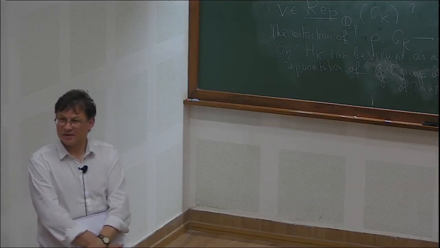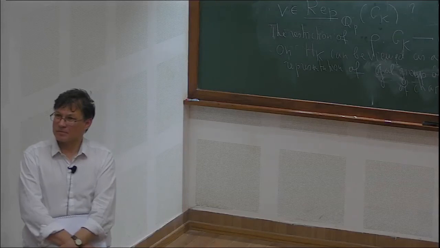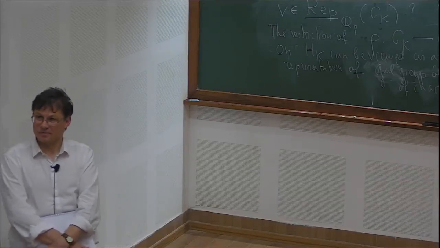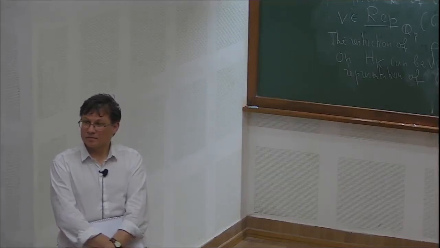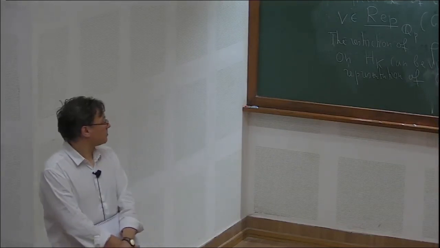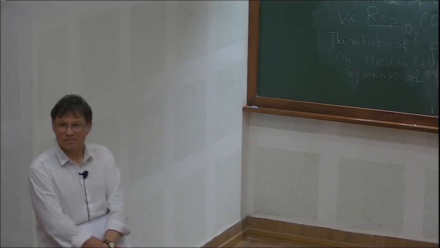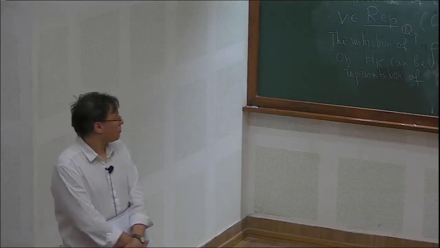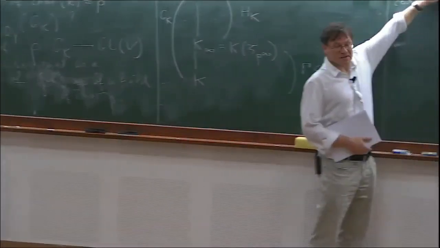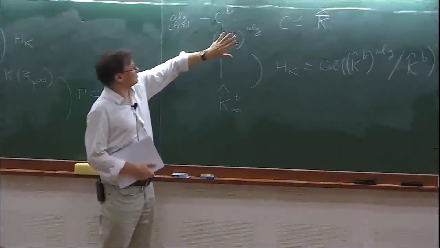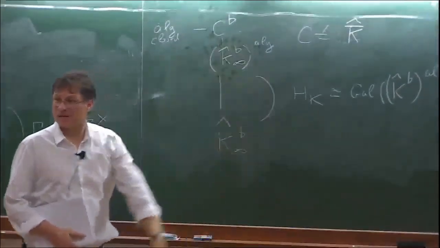So to go from the middle field to the top field, you complete. The one in the middle is not perfectoid, so you complete to get a perfectoid.